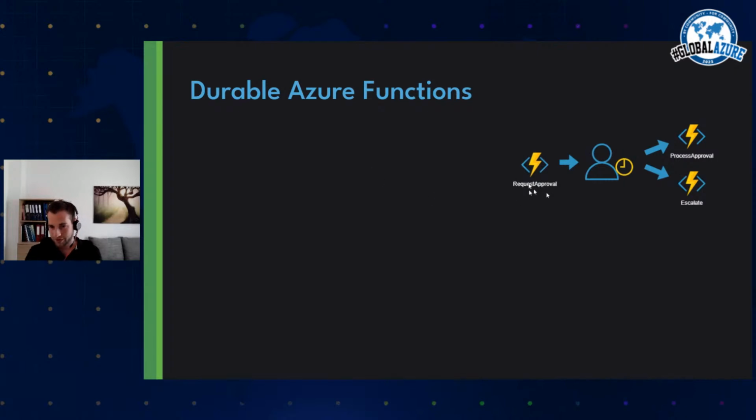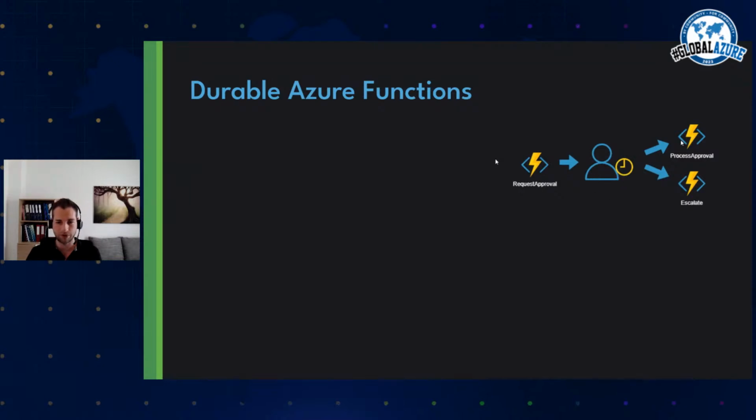So we have one function that is triggered whenever this process starts. And then we want to send an email to a user who has the permissions to approve this. And then this can take some time. Maybe this user is on holiday and doesn't respond within minutes, but it might take a few days or even weeks for this response.